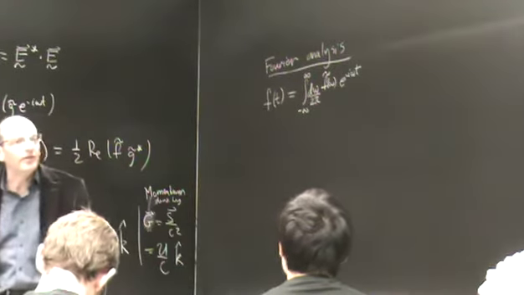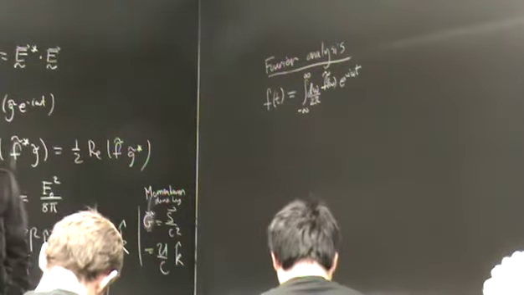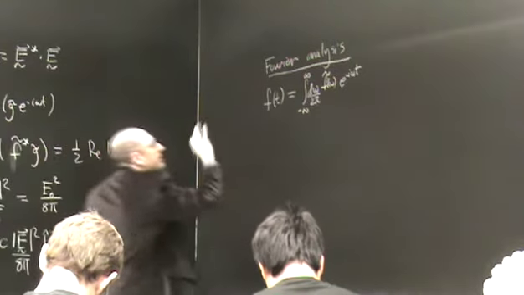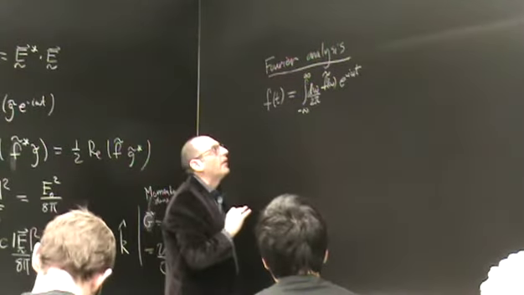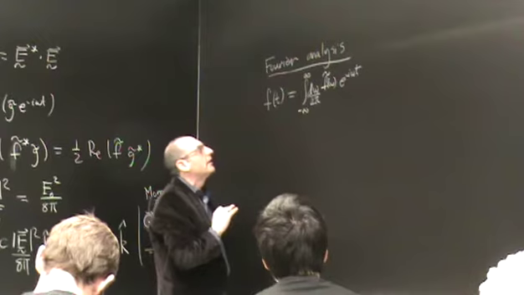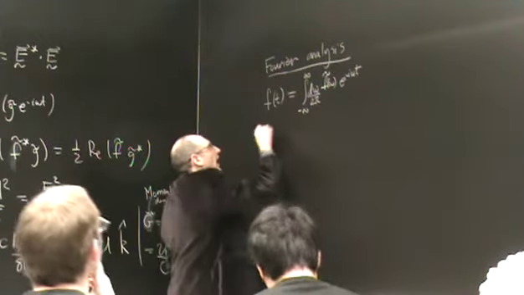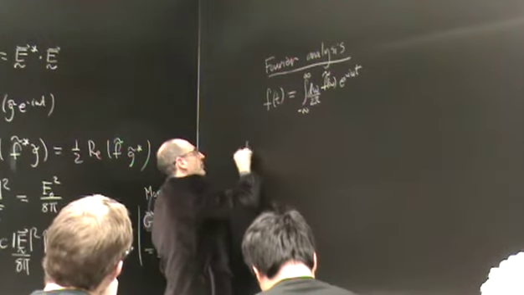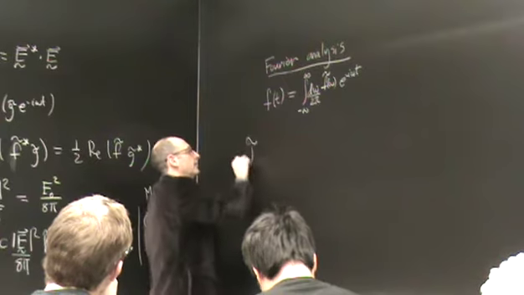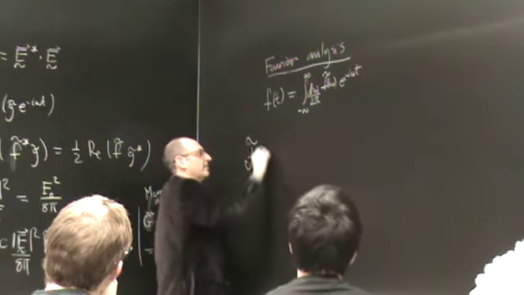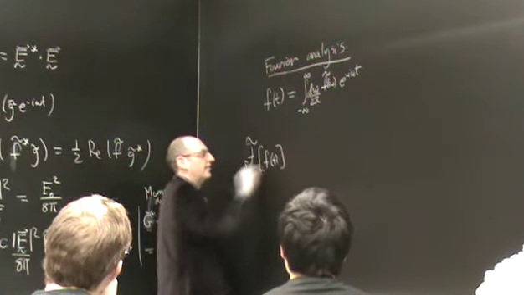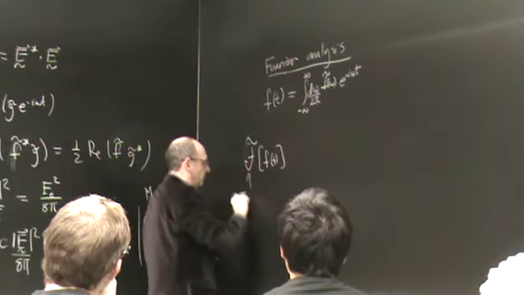We could put a square root of 2 pi there and a square root of 2 pi the other. But this is typically the tradition for writing a Fourier transform. So this f of omega is a Fourier transform. I'll use the symbol script F as the mapping on the function.